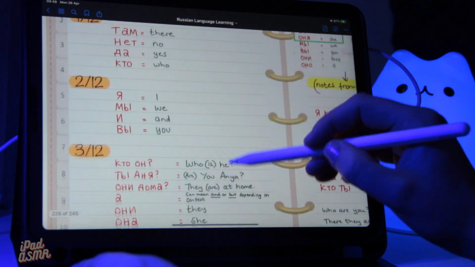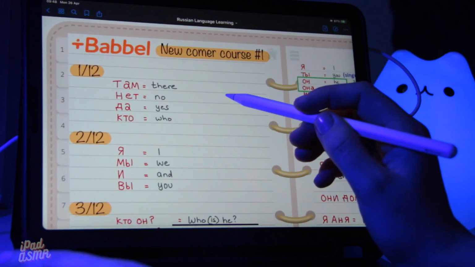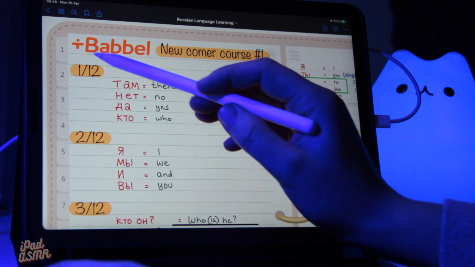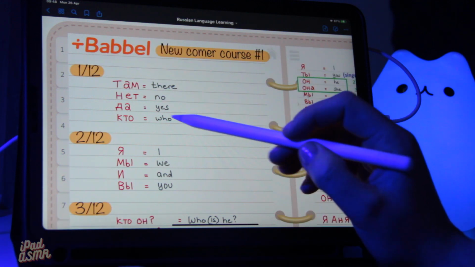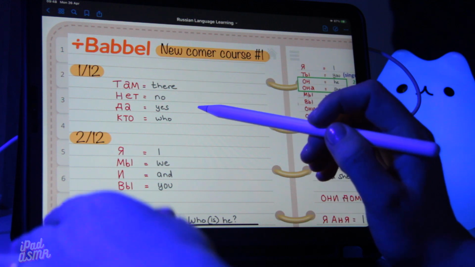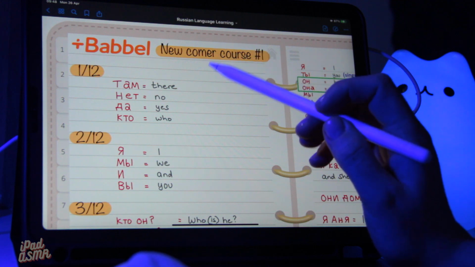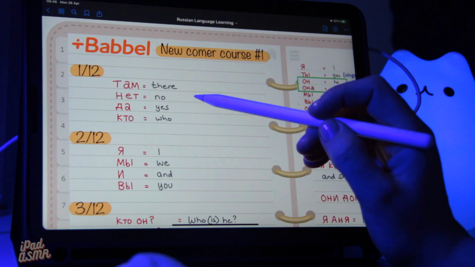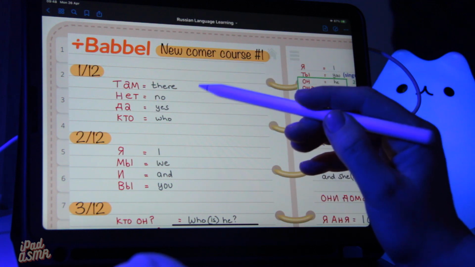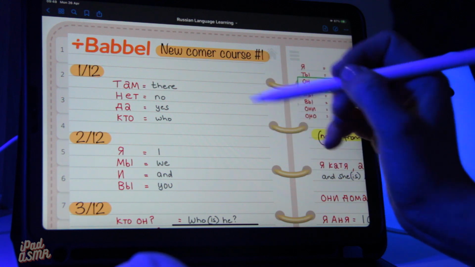With Babbel, you can go back and redo any of the courses or the little units as often as you like. So there's probably no need for me to do this because you can go back and revise. But writing stuff down and seeing it like this really helps it to imprint in my brain. I don't know about anyone else, but writing really helps me.